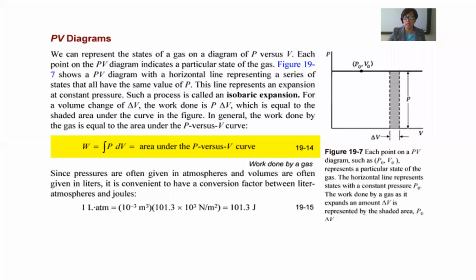And here this is a PV diagram with a horizontal line. The horizontal line represents a series of states that all have the same value of P, so the pressure is constant, and this process is called isobaric expansion.